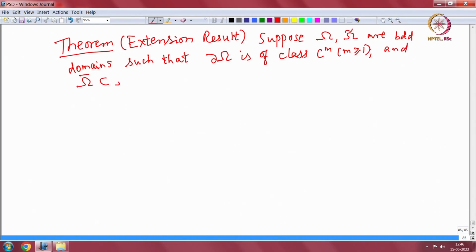Okay, so then we have, given any f in the Sobolev class Hm of omega.